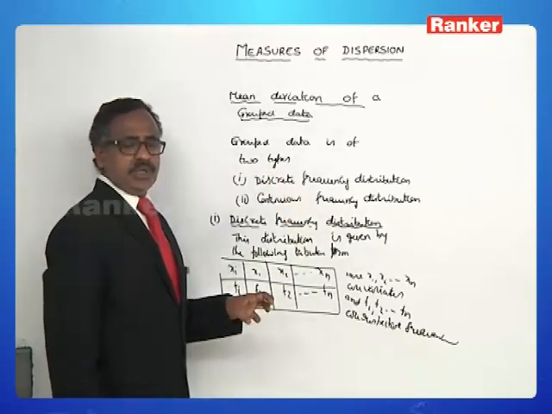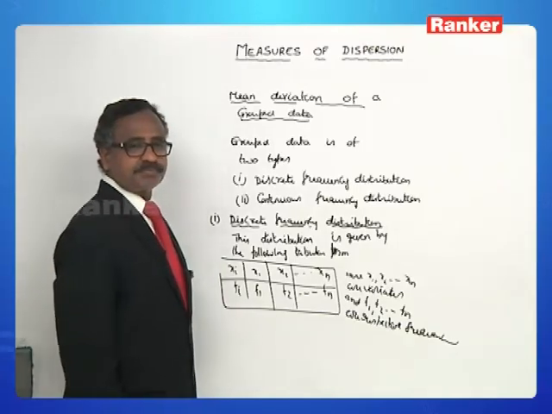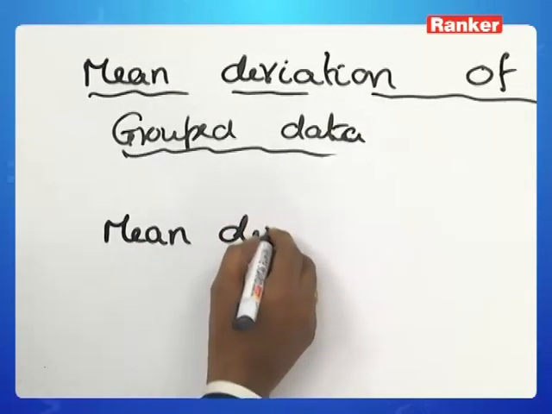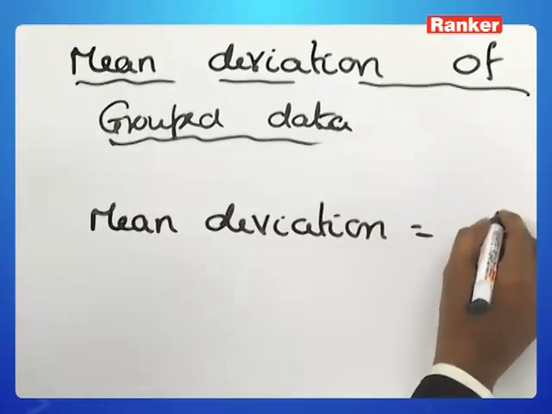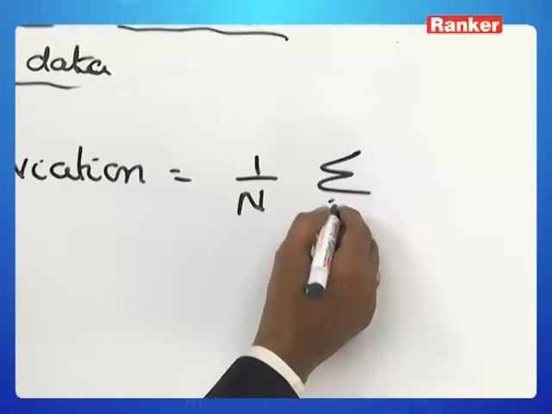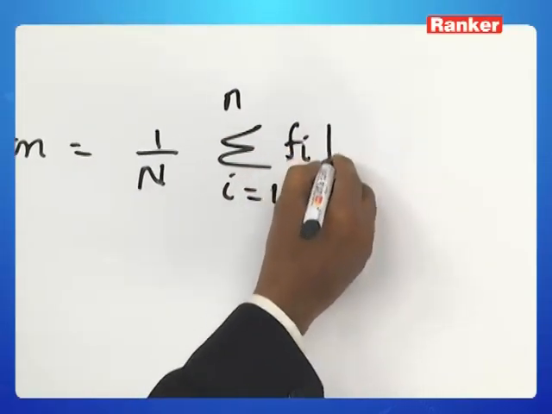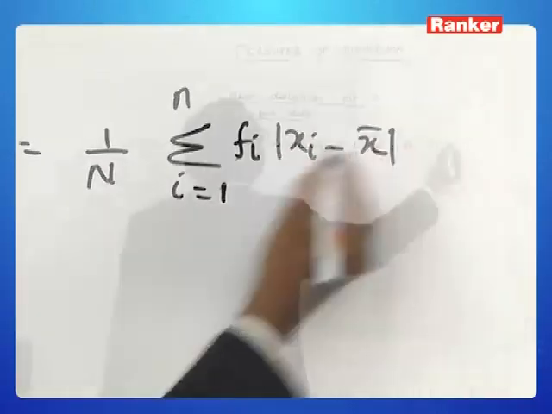How to find the mean deviation? We write it in the next way. Mean deviation is given by 1 by n into sigma i runs from 1 to n fi into modulus of xi minus x bar.